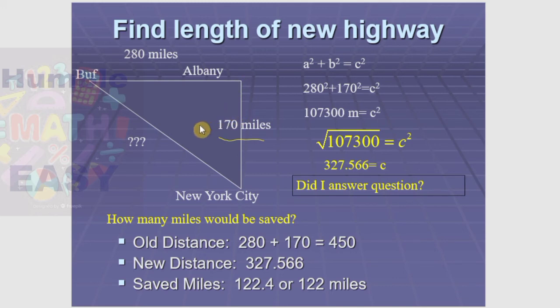As you can see, the given 170 and 280 miles are the legs that we have in our right triangle.